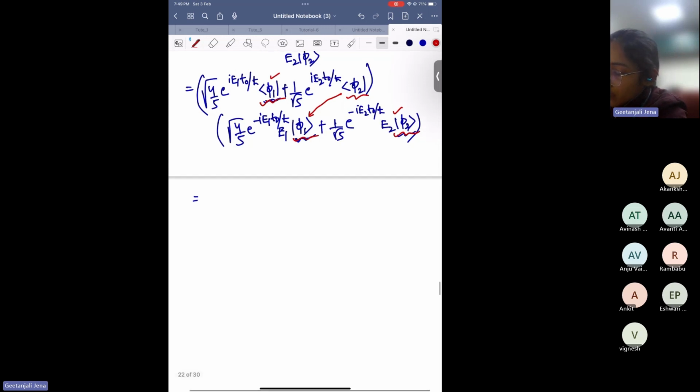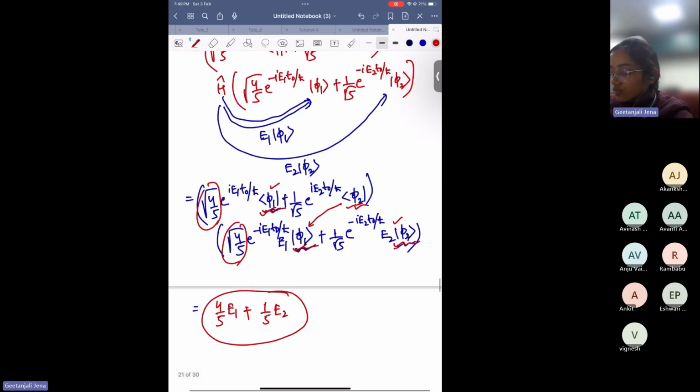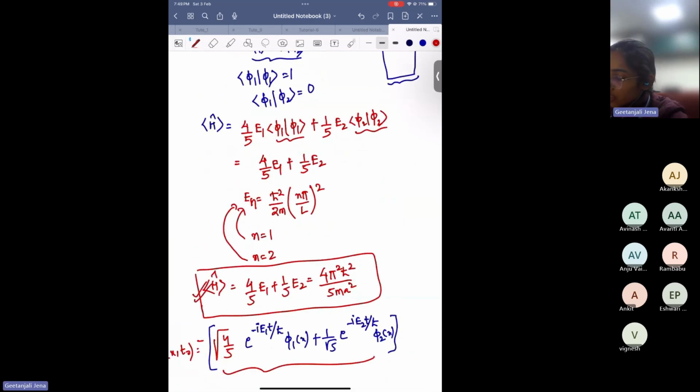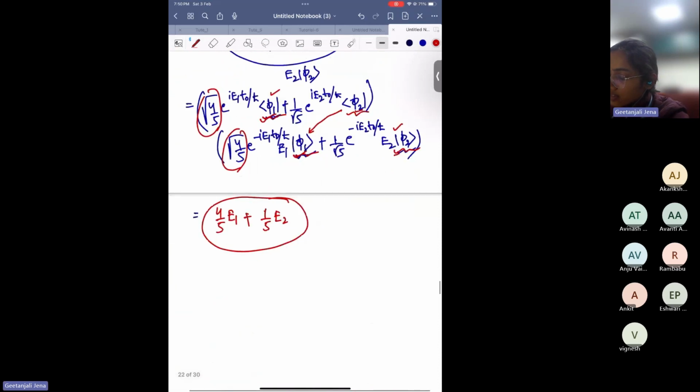So the final will be phi 1 with phi 1, phi 2 with phi 2, and the constant factors get multiplied here. So this is 4 by 5 E1 plus 1 by 5 E2. This is the same solution which we got for t equal to t0, and for t equal to t0 also we are getting this.